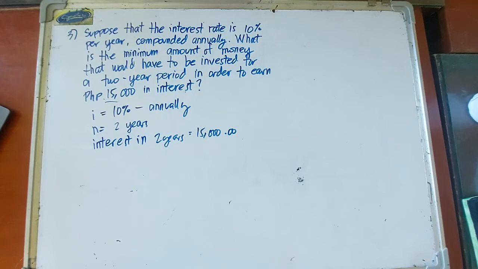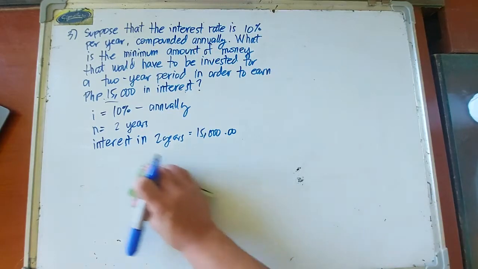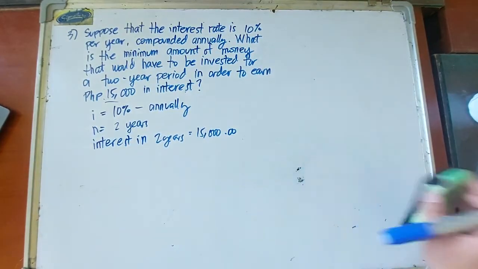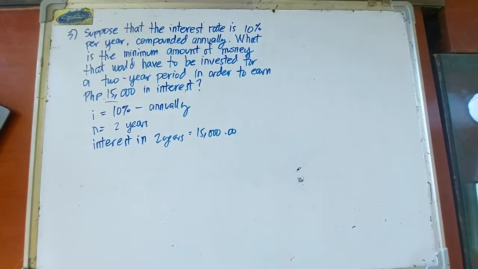So, ano dapat yung i-invest ko initially or today, so that after 2 years ay meron akong kikitain na 15,000 at 10% rate of interest annually. So we are solving for the present worth. So how do we solve this?